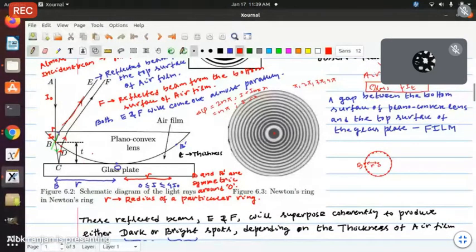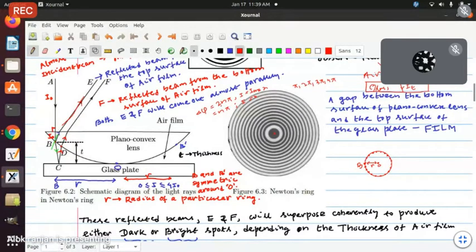And then, as you know, the bright and dark rings appear by satisfying these conditions, delta phi equal to 2n pi or n pi. As I told you, it is much easier to calculate path difference rather than the relative phase difference. First, we have to calculate how we can link this path difference to 2n pi or n pi.